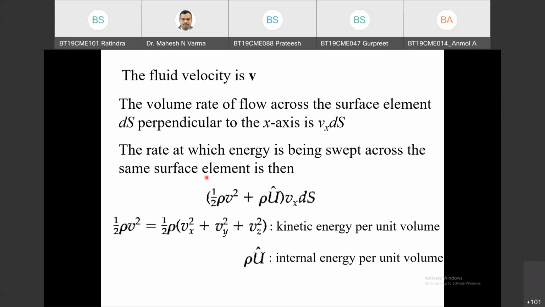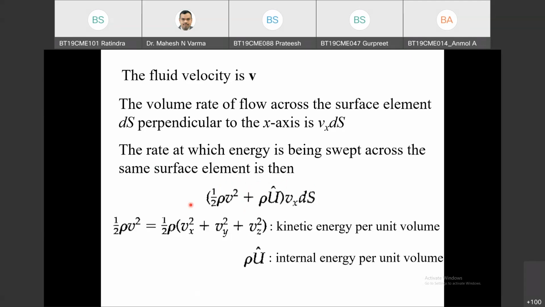So what will this be? This is in the x direction, the rate at which energy is being swept. Because this is characterized by velocity, this will be the convective energy rate: the rate at which energy is flowing by convection in the x direction.